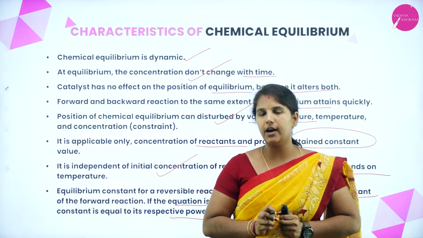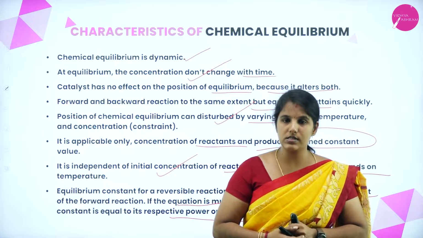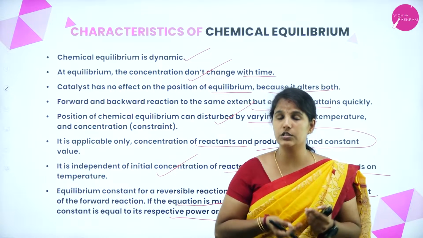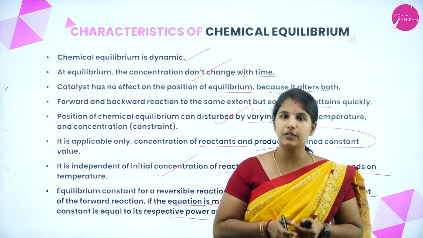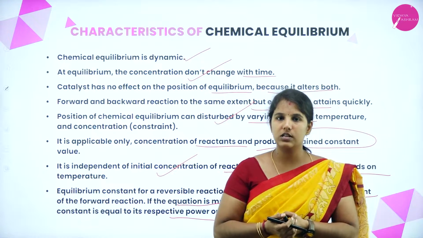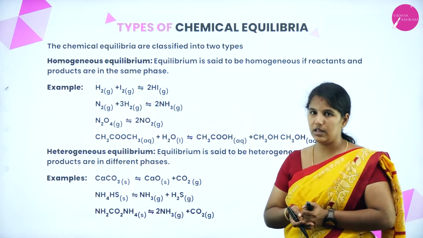So, it is clearly understood that chemical equilibrium is a dynamic process, the catalyst has no effect on the equilibrium, and it does not depend upon the initial or final concentration. Next, we have the types of chemical equilibrium.